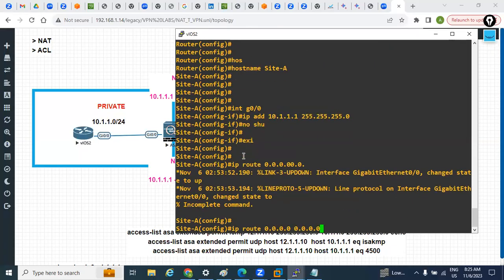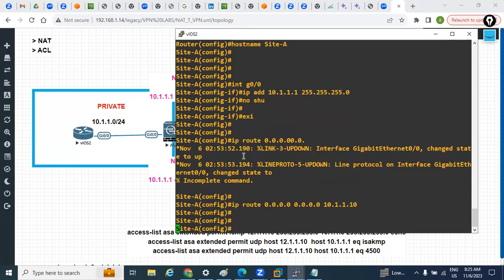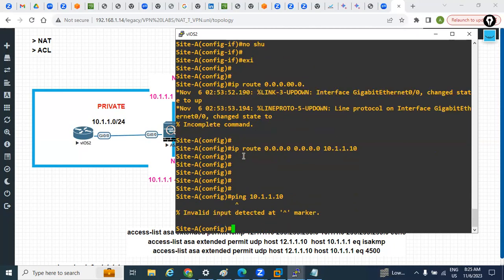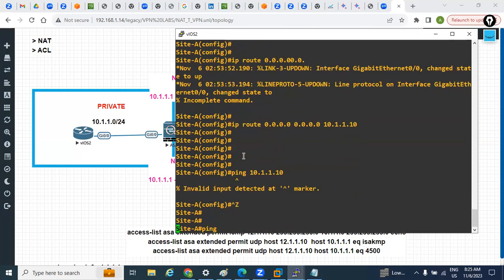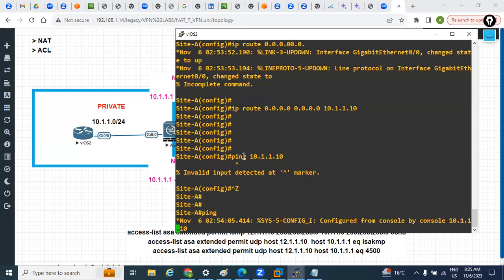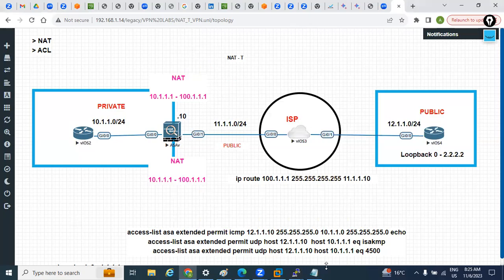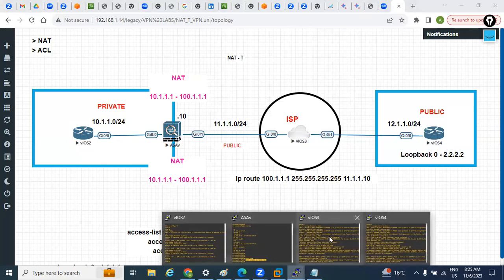As you know, ASA was my gateway, so 10.1.1.10. Ping with 10.1.1.10. That's fine.